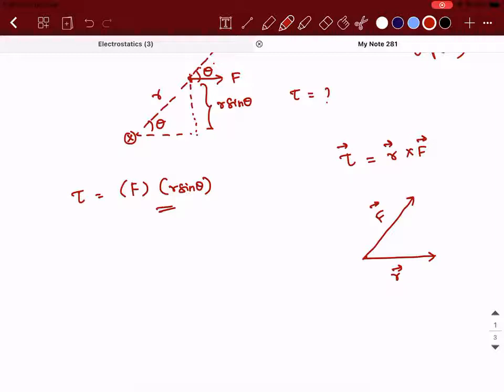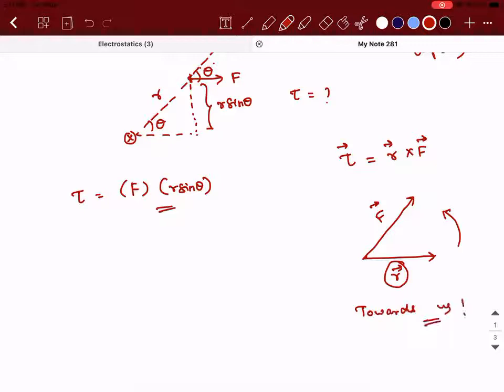When you do the cross product between two vectors, from the first vector you need to turn your right hand, curling the fingers in the shortest direction possible towards the second vector. When you extend your thumb, the thumb gives you the direction of the resultant. So what is the direction of the resultant? It is towards us.